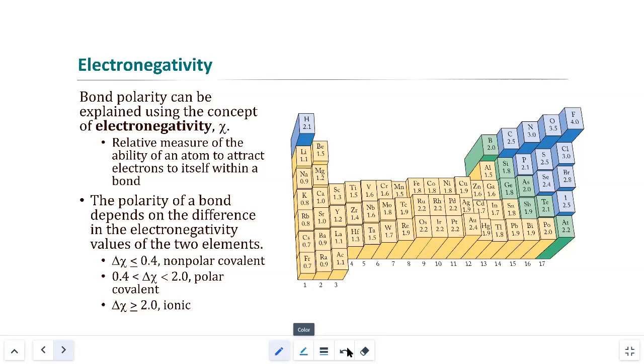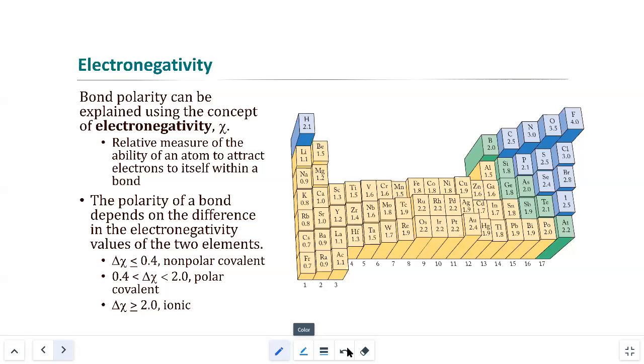So obviously, if I have two atoms of the same kind, the difference in their electronegativities is going to be 0. That difference of 0 indicates a nonpolar bond. In fact, anything up to about 0.4 or so in terms of difference is a pretty good guideline for determining that it's nonpolar.